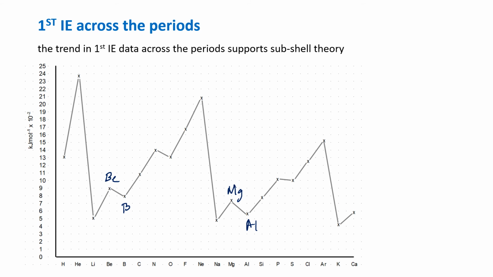So we need to come up with an explanation of why beryllium is harder to ionize than boron, and then we get a repetition of that. Magnesium is harder to ionize than aluminium. Pause the video and, thinking in terms of subshells, come up with an explanation.